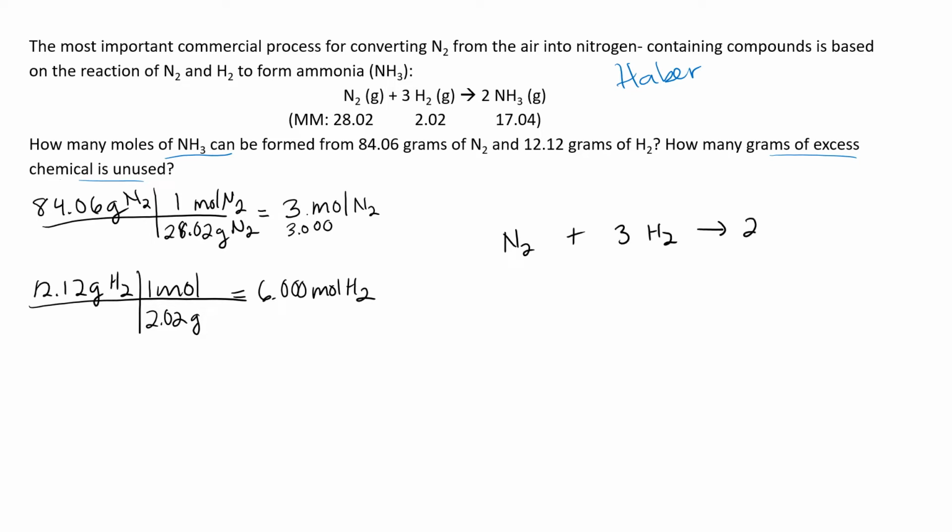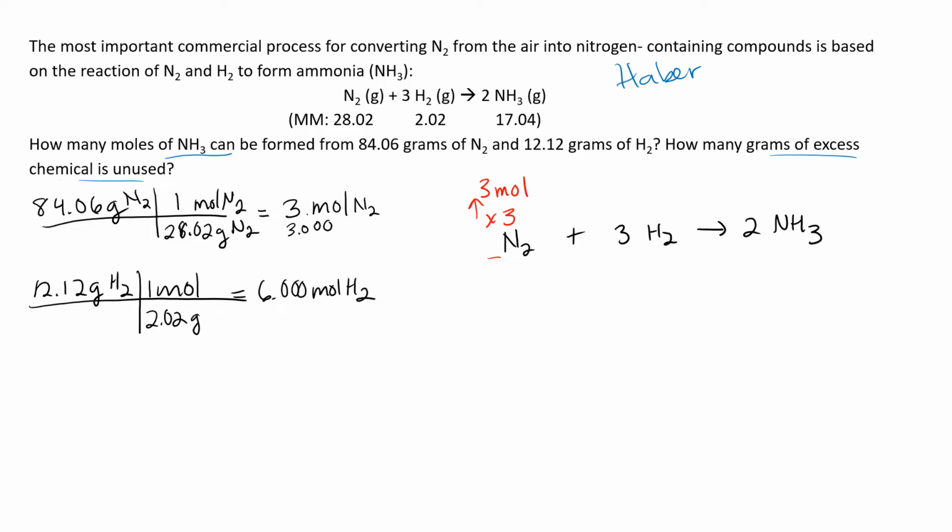So I'm just going to write out my chemical reaction and do some planning here. So I am given 3 moles of nitrogen. So my coefficient is 1. So if I did this reaction, I would be doing it basically 3 times to use up all that chemical, right?